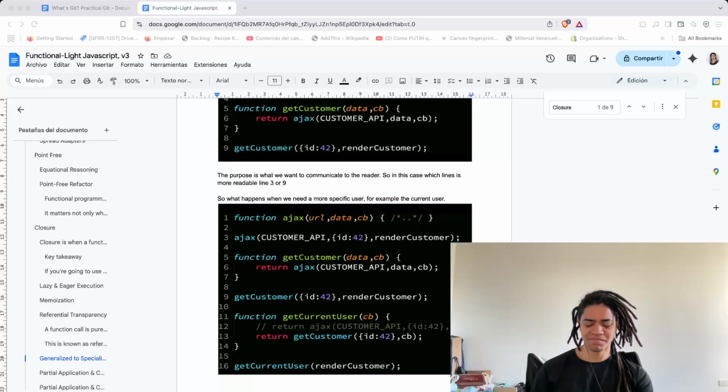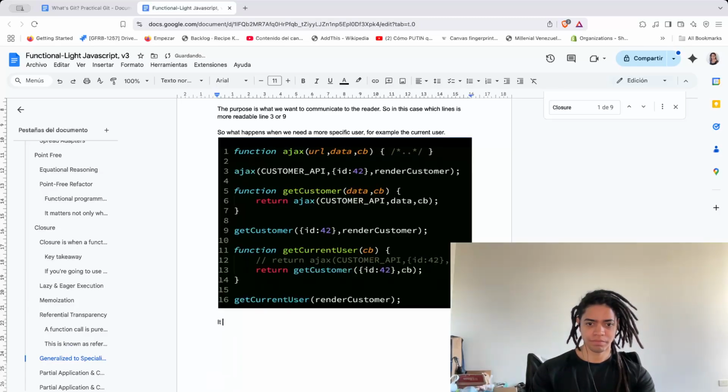It says getCurrentUser is the specialization of getCustomer, as opposed to saying it creates a clear relationship between getCustomer and getCurrentUser.